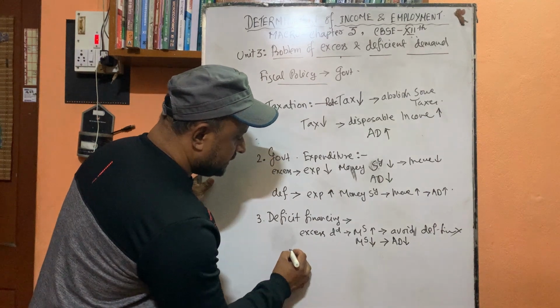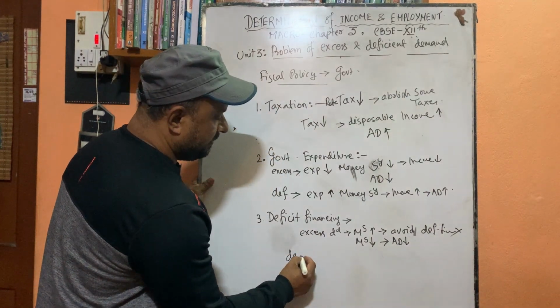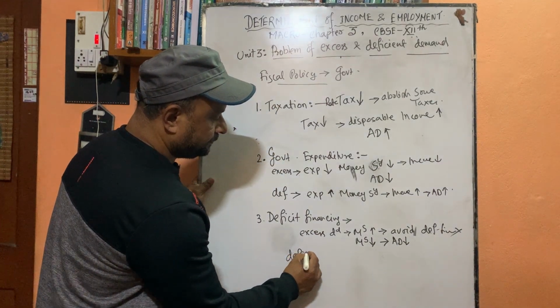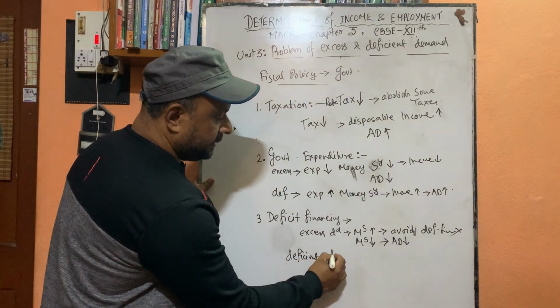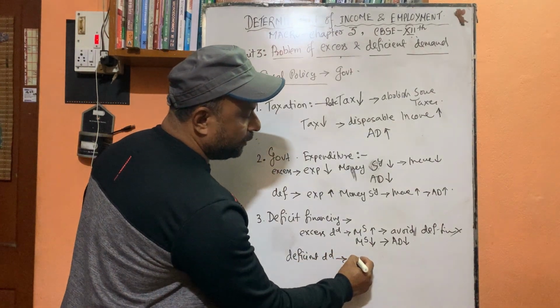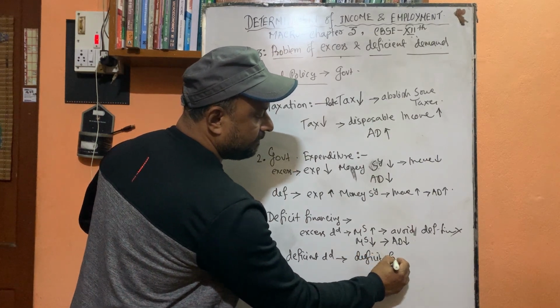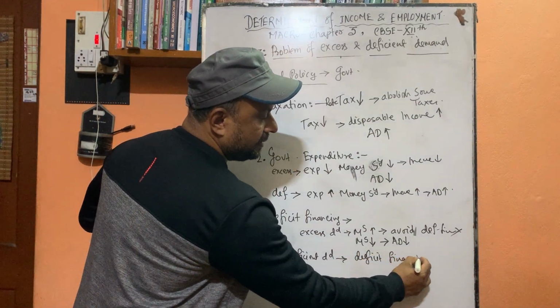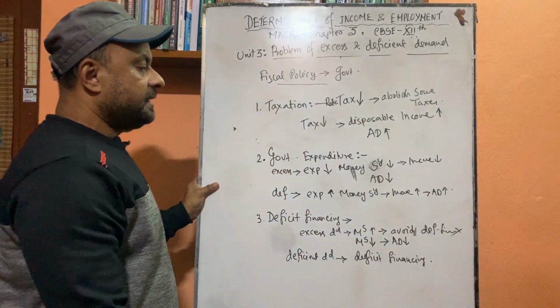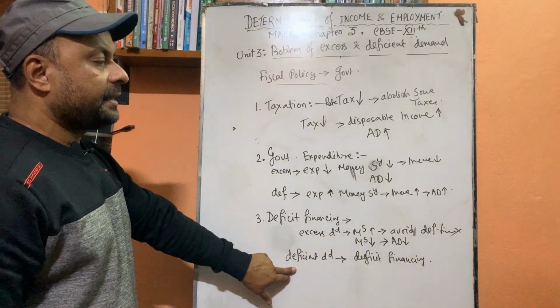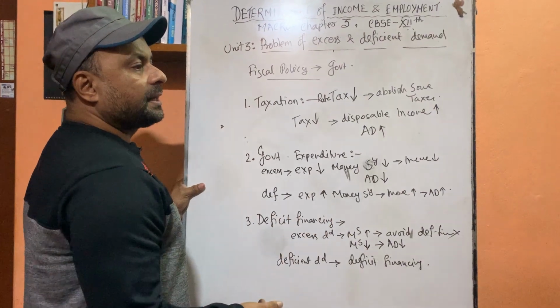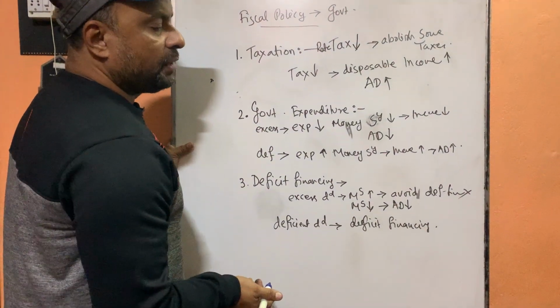But when there is deficient demand in the country, at that time the government will adopt the policy of deficit financing. Why deficit financing? Because there is already a shortage of funds in the country. At that time the government may borrow from other countries, or print new currency notes.